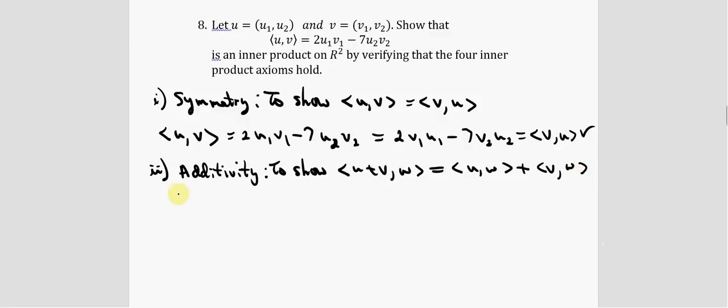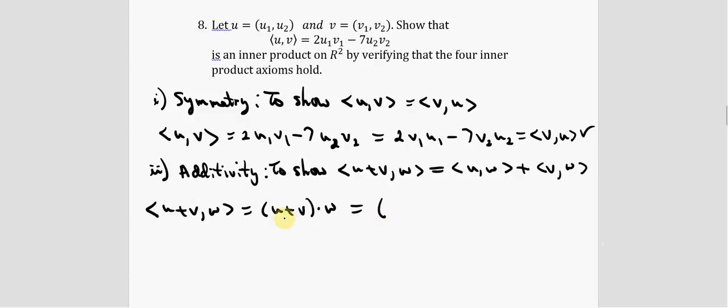Well, let's see. Let's start with the left side, the inner product of u plus v with w. We can just write this like this. This is u plus v dot with w.